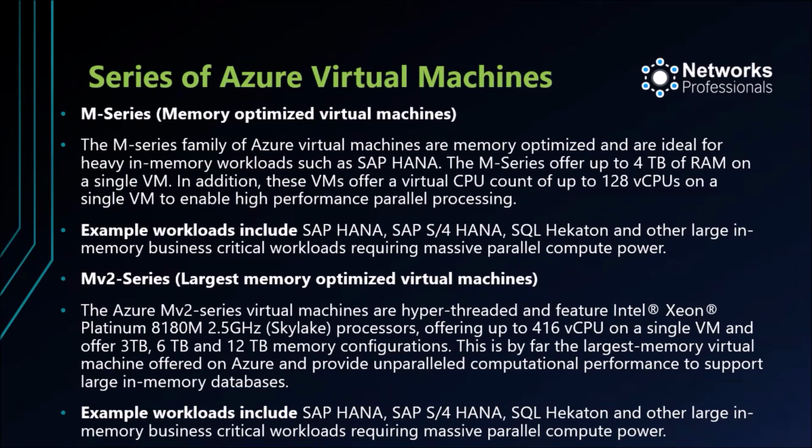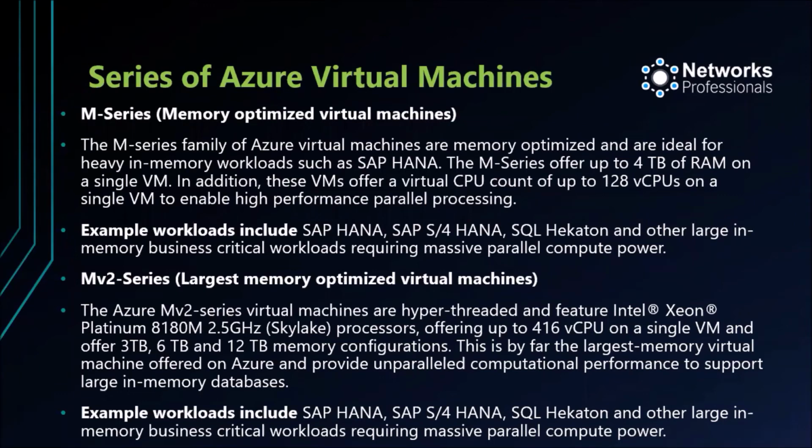In addition, these virtual machines offer a virtual CPU count of up to 128 virtual CPUs on a single virtual machine to enable high performance parallel processing. Some example workloads of M series are SAP HANA, SAP S/4 HANA, SQL, Hekaton, and other large in-memory business-critical workloads requiring massive parallel compute power.